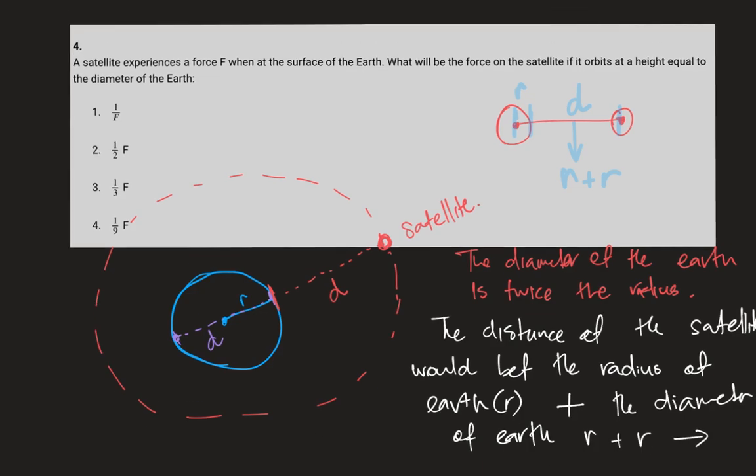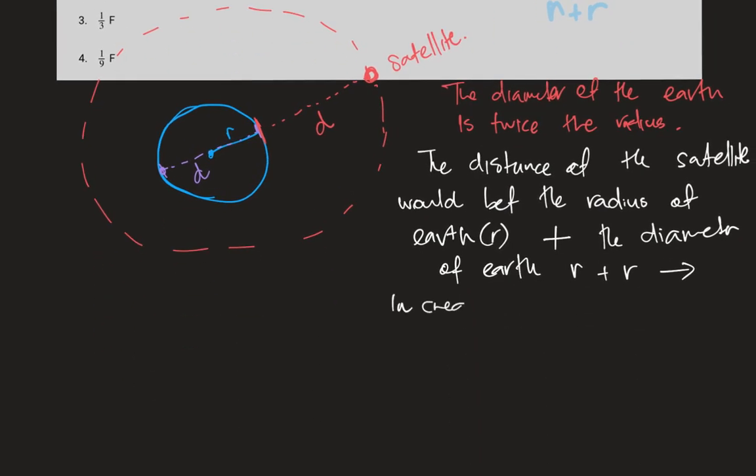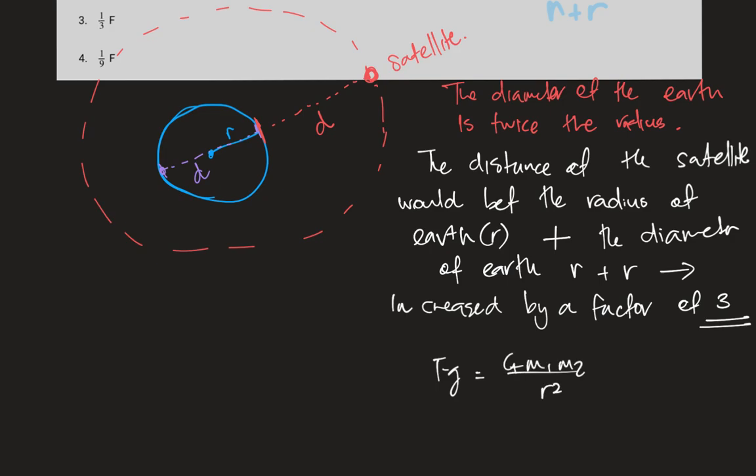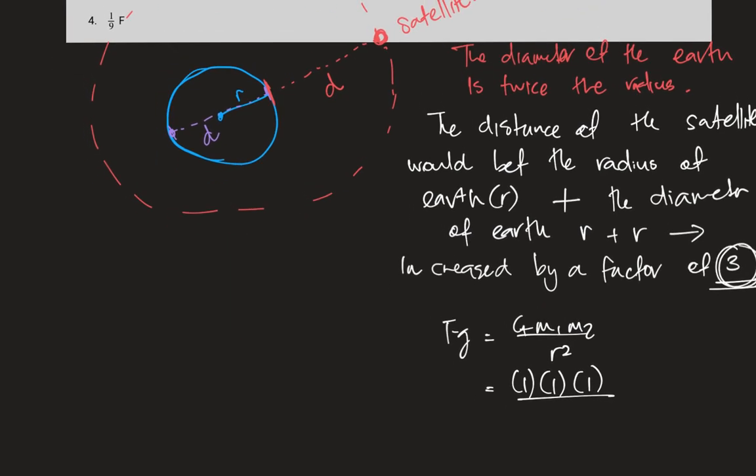So now you've increased it by a factor of 3. And if we increase by a factor of 3, and I go back to my equation, I can just say Fg is equal to G m1 m2 all over r squared. And what I've got here is 1 times 1 times 1 all over the r, which is 3 r's squared, and that's going to give me 1 over 9.